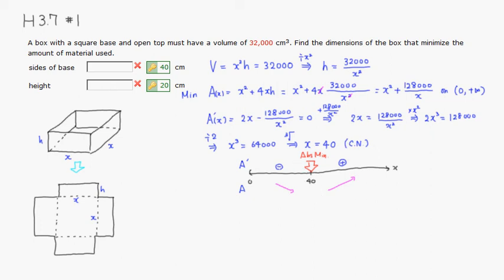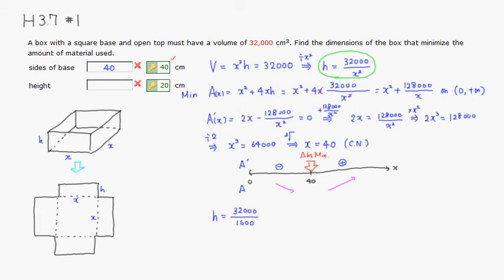So we know that x is going to be 40. The side of the base is 40, which is actually given here. Height can be found. Remember, there's a formula there. So h is equal to 32,000 divided by, x is 40, so 40 squared is 1,600.